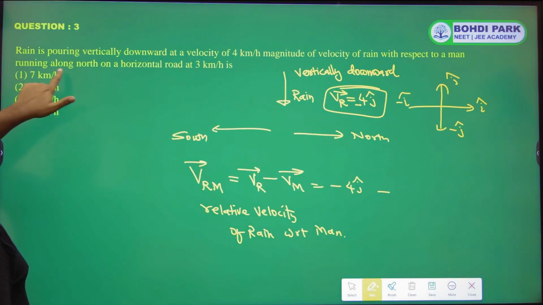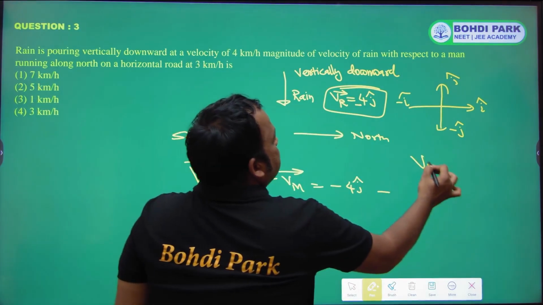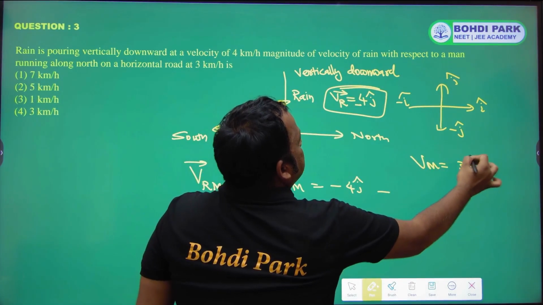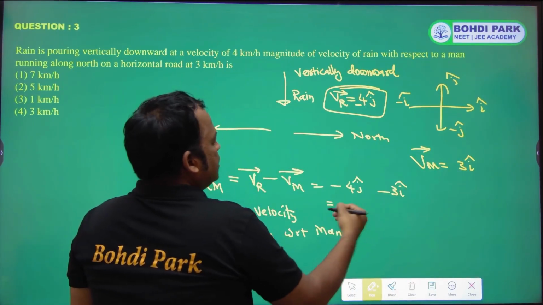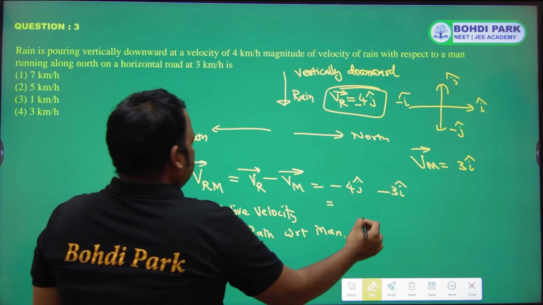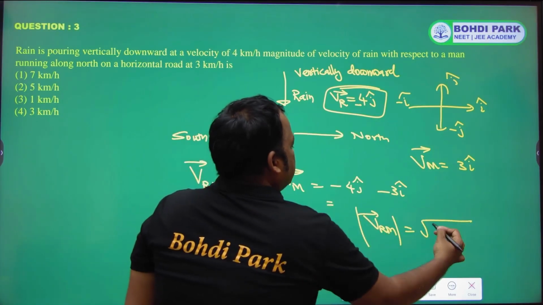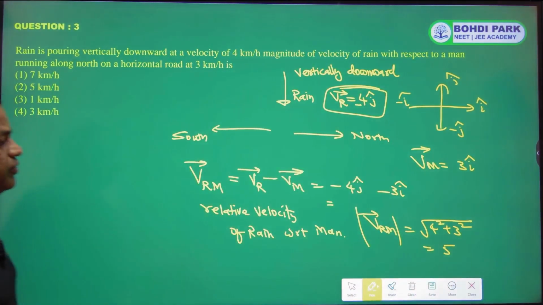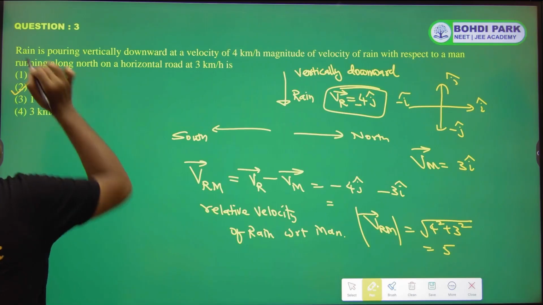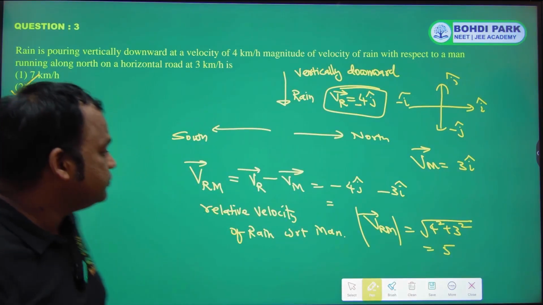Now what is Vm? It is along north. Man is going along north with 3 kilometer per hour. So velocity of man is 3 I cap. So magnitude of Vrm vector will be square root of 4 square plus 3 square. That will be equal to 5. So done. So 5 kilometer per hour, second option. Now next question.